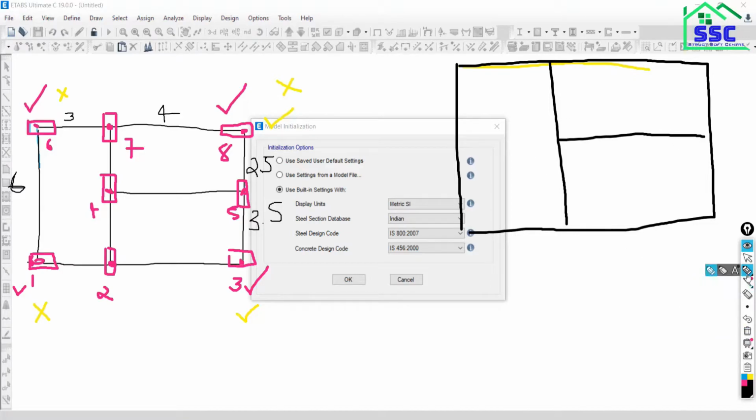The first column position: it is 3 meter, 4 meter, 3.5 meter, and 2.5 meter. The statement says the longer side of the column should be placed parallel to the longer span of the beam.